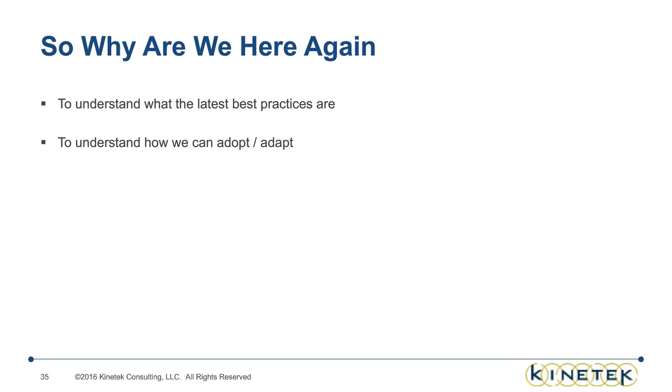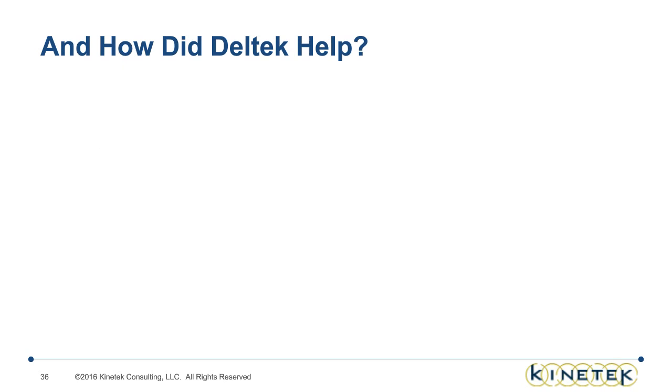We wanted to understand what the latest best practices are, and how we can adopt some of them or adapt to them using the technology that we have today or that's available to us, so we can have those standardized processes and data to ensure a single source of truth and that we're all operating on the same page.